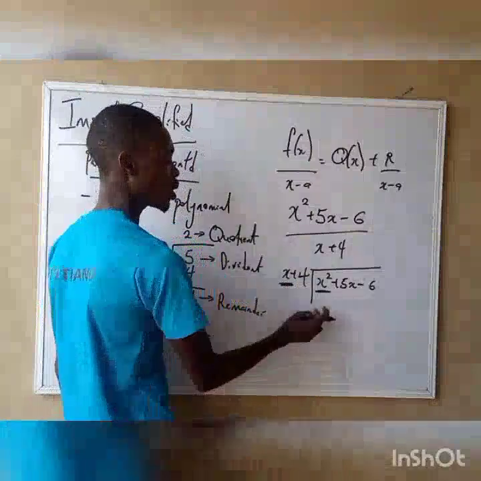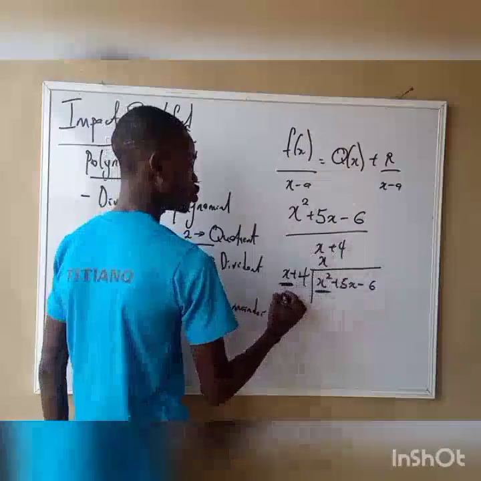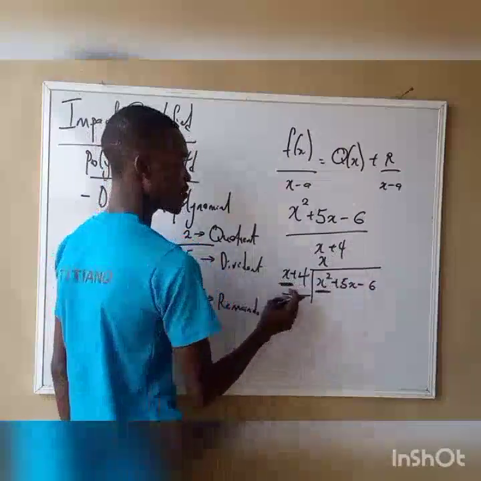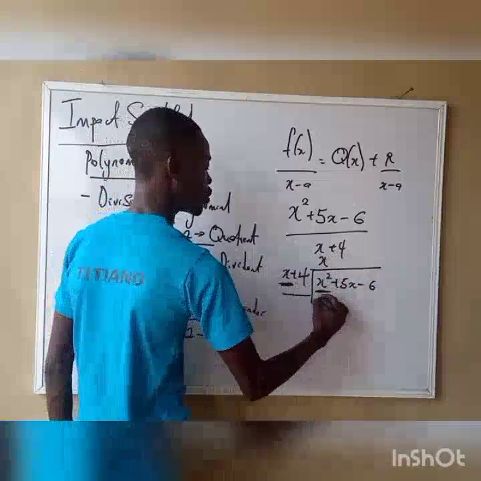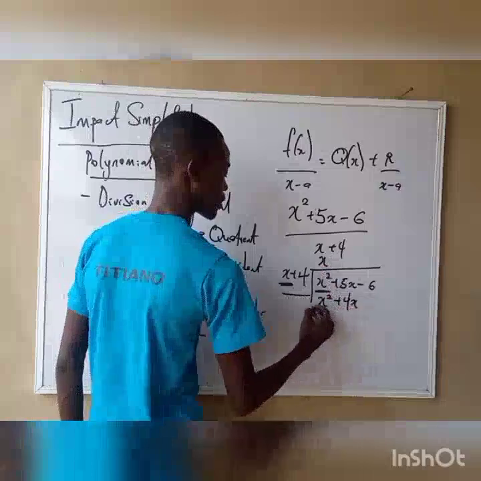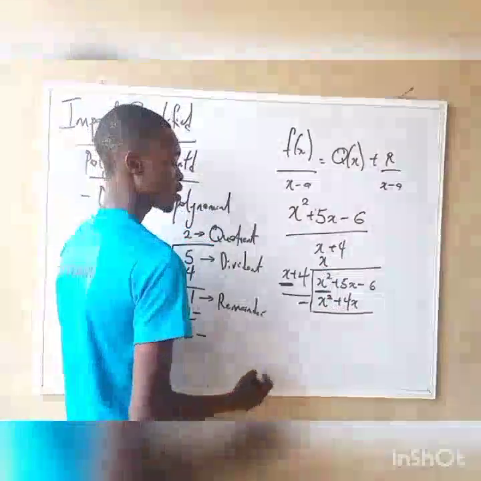What is x squared over x? That will give us x. Then you use this value to multiply everything. x times x will give us x squared, and x times 4 will give us plus 4x. After the multiplication, what will you do? We subtract. So let's subtract.